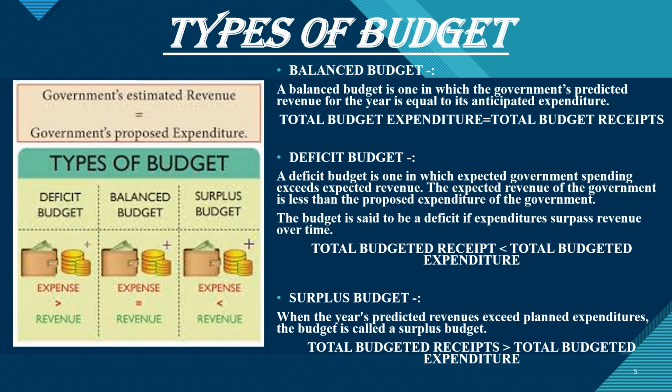For example, if the budget expenditure is rupees 2.4 lakh crores and the budget receipts are rupees 2.8 lakh crores, then the budget is said to be surplus in nature. That means the receipts are exceeding the expenditure of the government. So, according to economists, a surplus budget can be utilized to decrease demand during inflation.